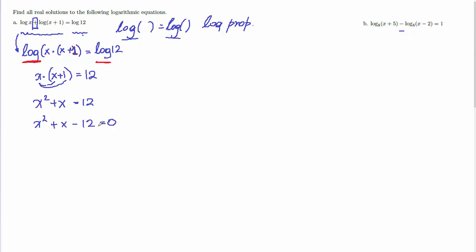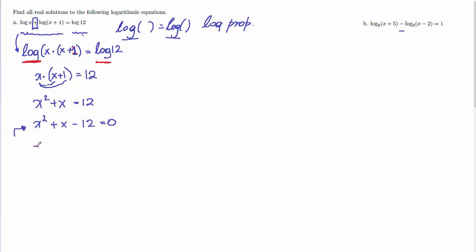And now I have a very well-known quadratic equation that I can solve using any method that I already know, either factoring or the quadratic formula. I'm going to do it with the quadratic formula only because I don't know if I have real solutions for this equation.